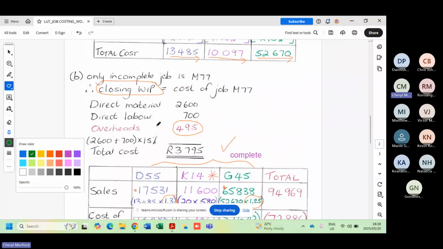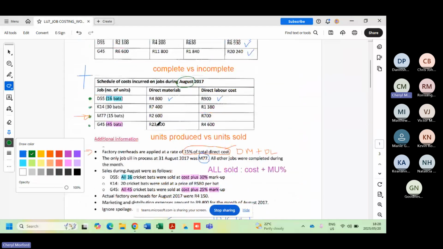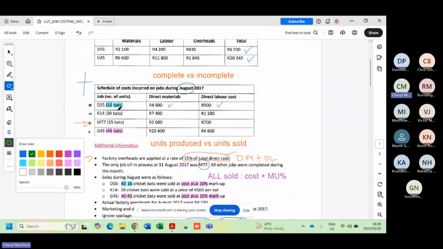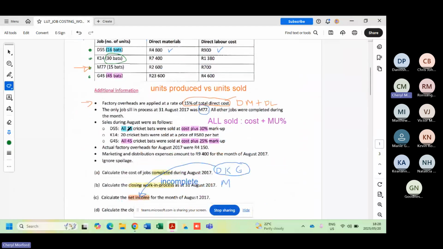Let's pop up to the question. Very important here in K. We made 30 bats, but how many were sold? 20. So now we've worked out the total cost of K, but we can't add a markup onto that because not all of them were sold.